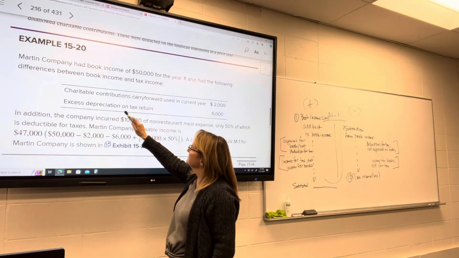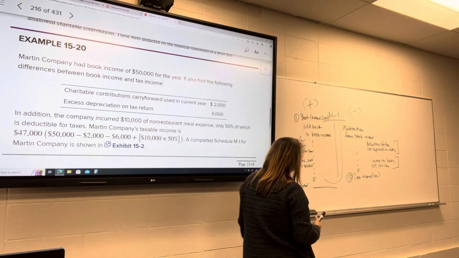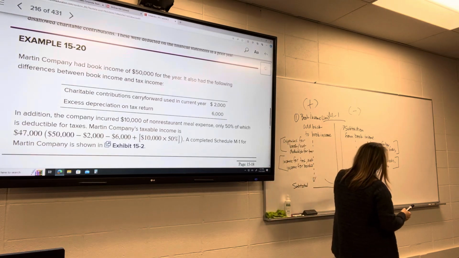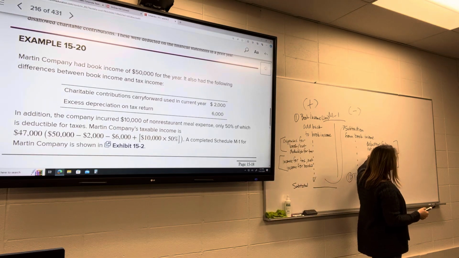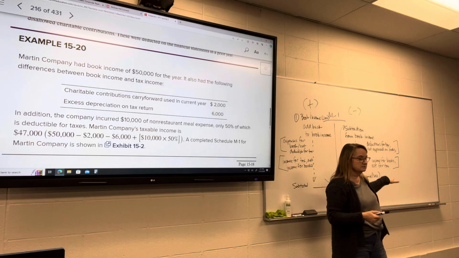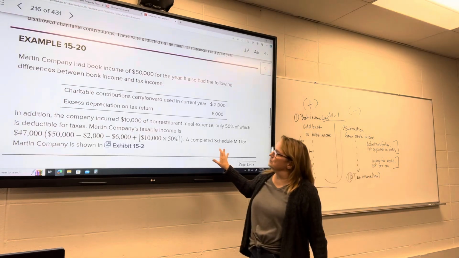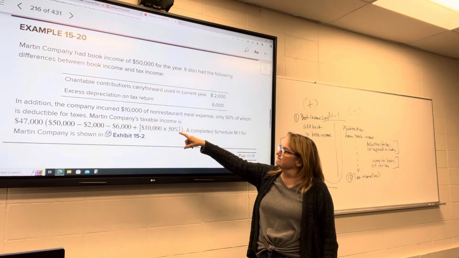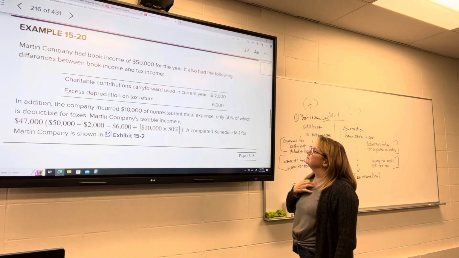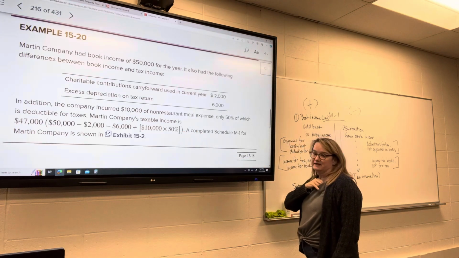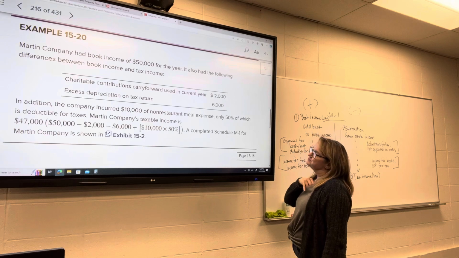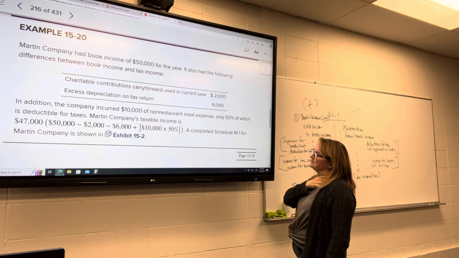And they had excess depreciation on the tax return. So another deduction for tax, not expensed on the books, right? In addition, they incurred $10,000 of non-restaurant meal expense, only 50% of which was deductible for taxes.